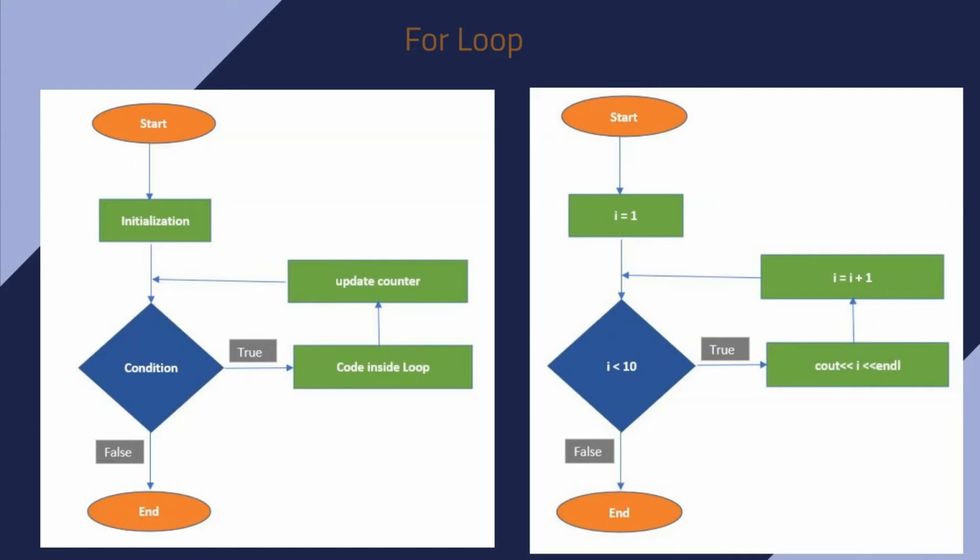So it goes to the code section and prints the value of i, and then increments the value of i by 1 to pass through the loop again. This loop is executed 9 times. At last the condition fails, as the value of i becomes 10, and now it's not less than 10, so the program terminates.